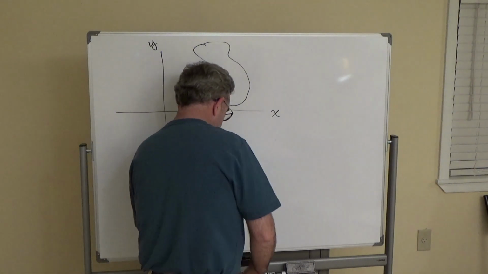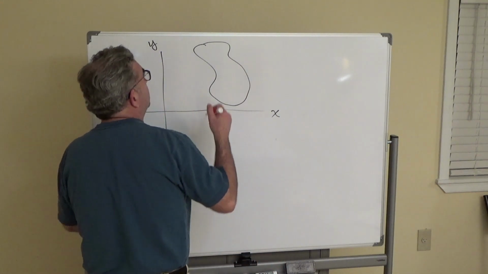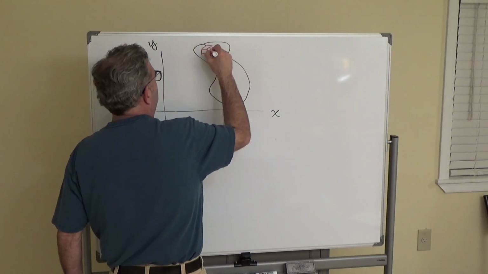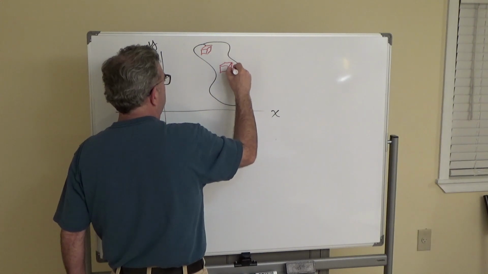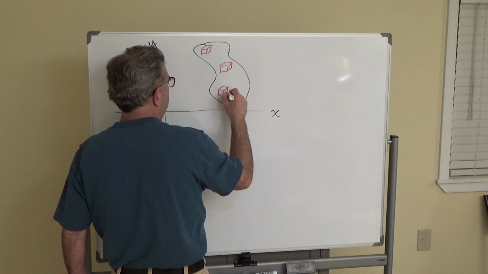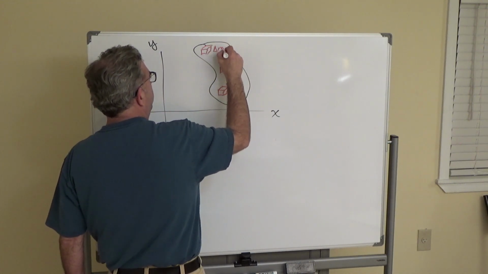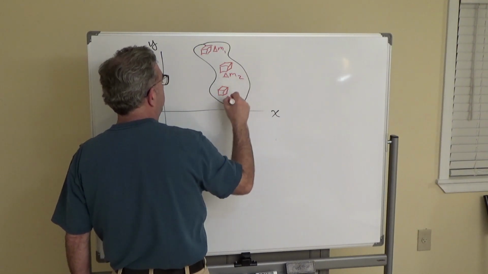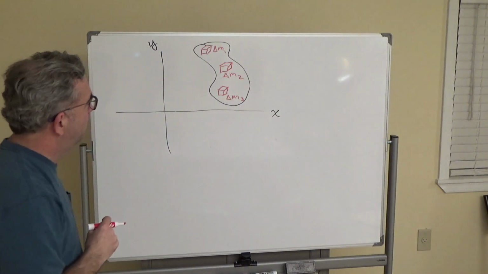Well, you do what we talked about in the past. You break it up into little bits of mass. So here's delta M1, here's delta M2, here's delta M3, okay?